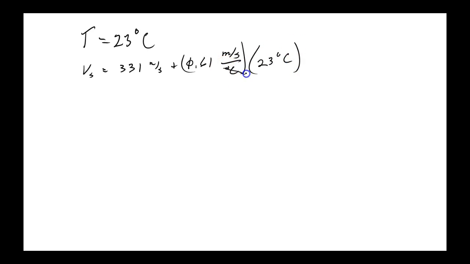And see how friendly your units are to you? Degrees Celsius cancels out, and that gives you meters per second. So someone with a calculator, 331 plus 0.61 times 23 equals. I'm not about to do that one in my head. I would really get a headache.